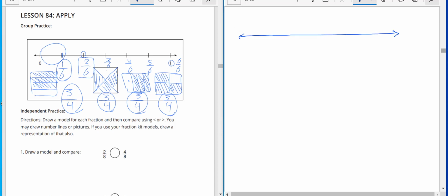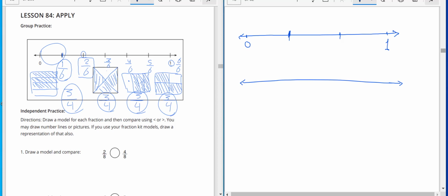Draw another number line to represent thirds. Divide this number line into 3 equal parts: first part, second part, and third part.